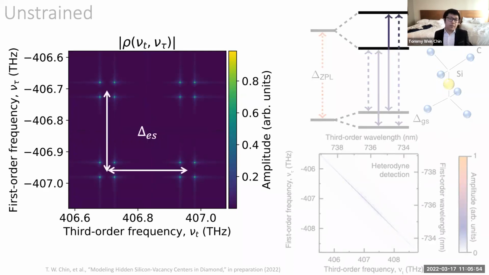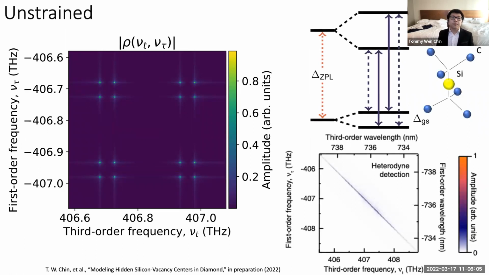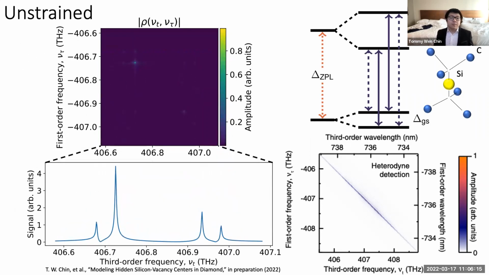Delta ES determines the separation between each set of 4 Lorentzians, and delta GS determines the separation between 2 individual Lorentzian peaks. Based on experimental data, we know that not all Lorentzian peaks have the same amplitude. For easier interpretation, we can project our 2D spectrum onto the horizontal axes.